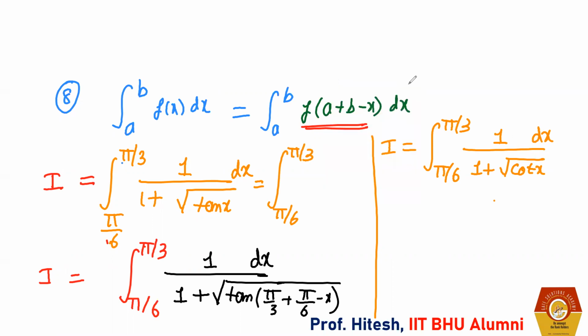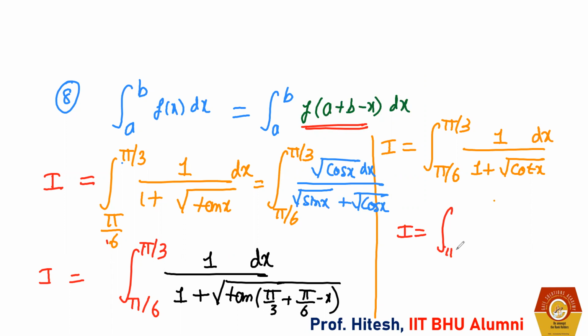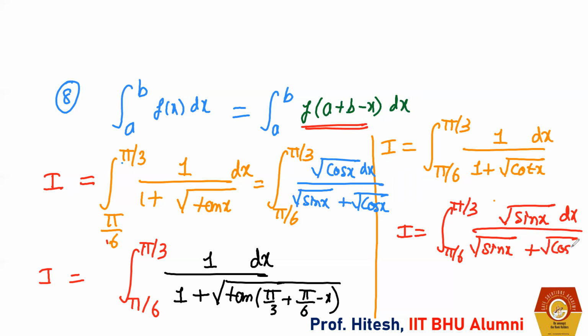Write tan as sin upon cos. So this is under root cos x divided by under root sin x plus under root cos x, and here I is equal to pi by 6 to pi by 3, and it will be cos upon sin. So under root sin x upon under root sin x plus under root cos x.